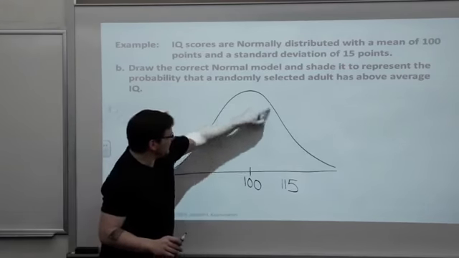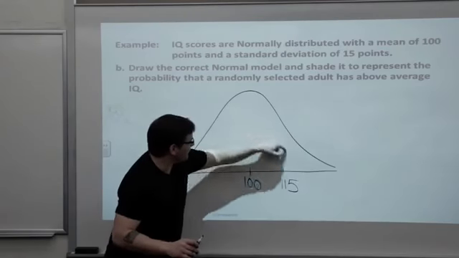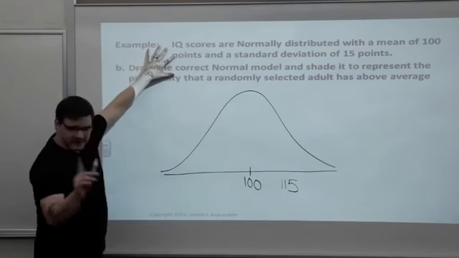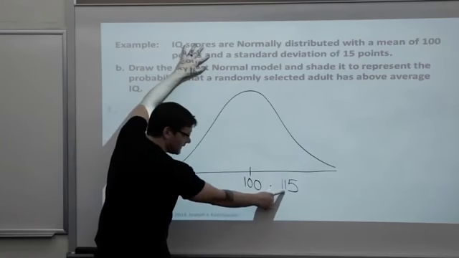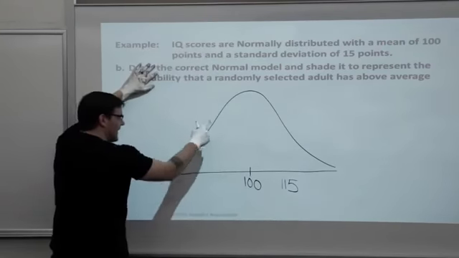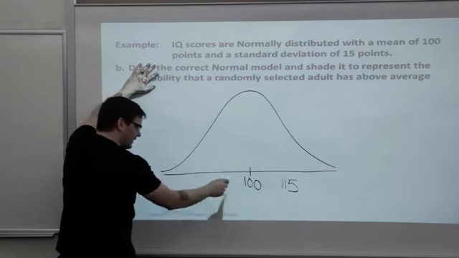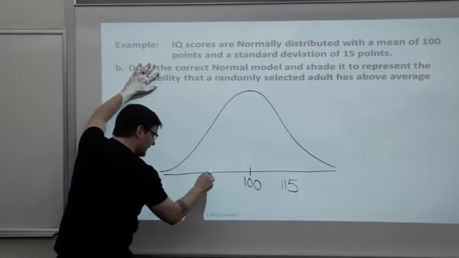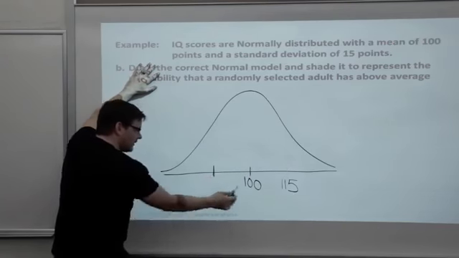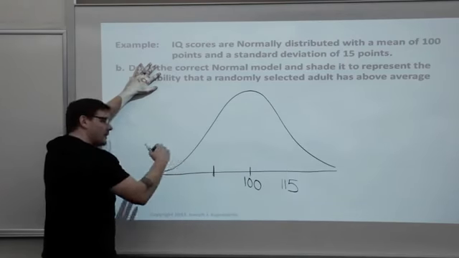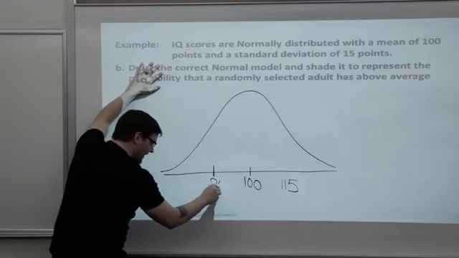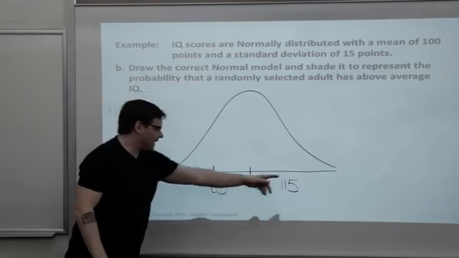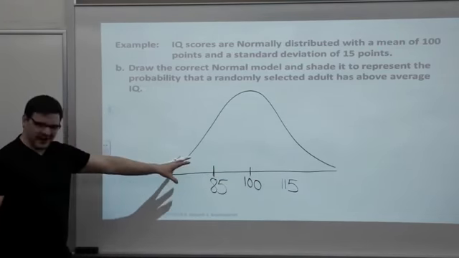Where this changes in the curve from cupped up to cupped down, that's exactly one standard deviation up. So I go 100 plus 15 is 115. Same thing on the left, right about here. It should be the same distance because this thing's symmetric. So somewhere in here is one standard deviation below the mean. So 100 minus 15, this would be 85. Now that's all the labeling I'll do here because we're going to do a heck of a lot of labeling in the next video.